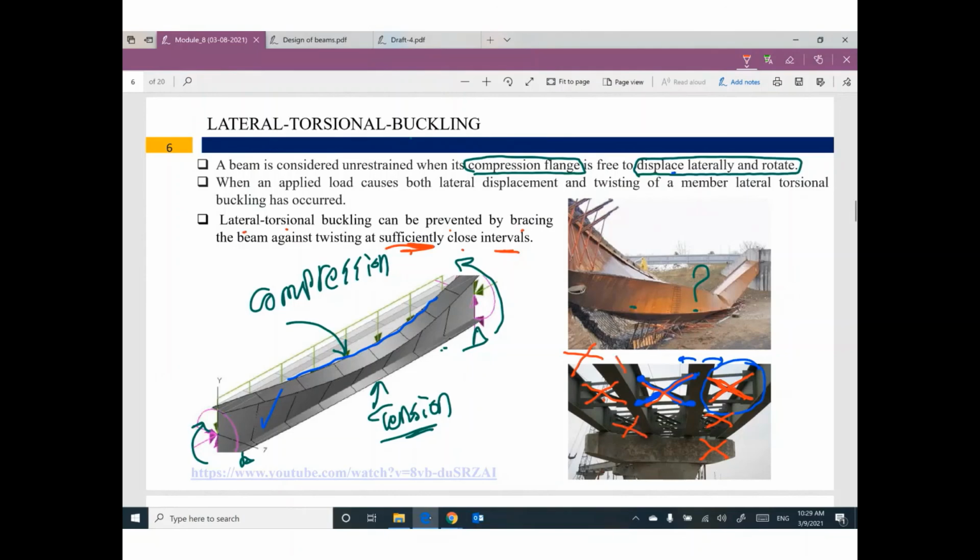The distance between each bracing will determine if you have lateral torsional buckling or not. We don't like collapse due to lateral torsional buckling because it will make your member weak, unable to support the desired load.